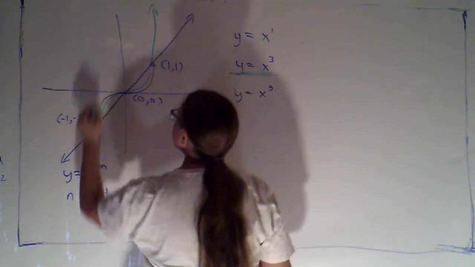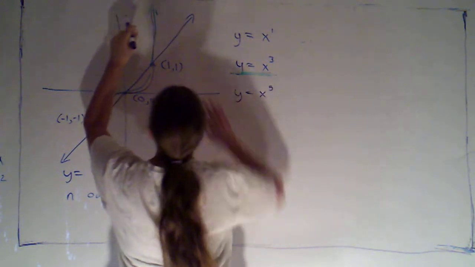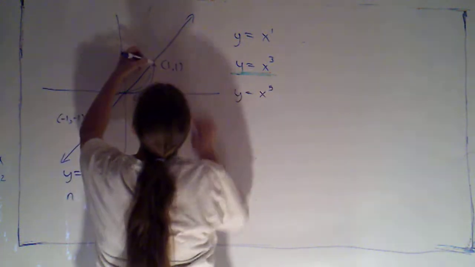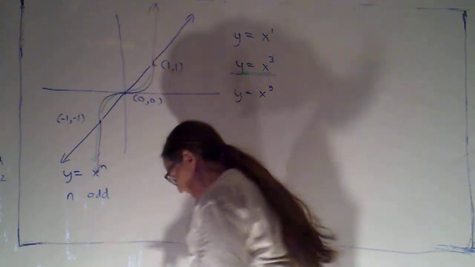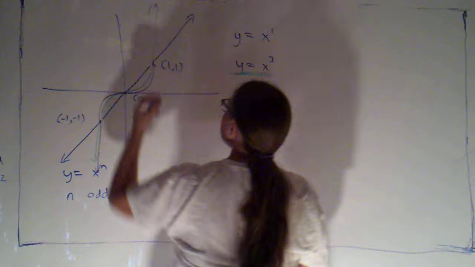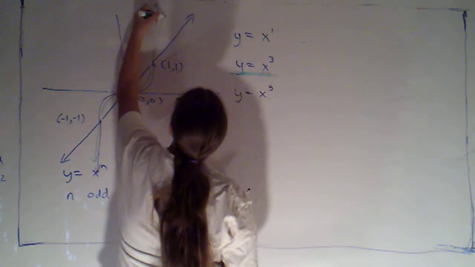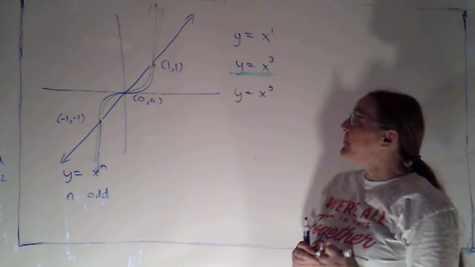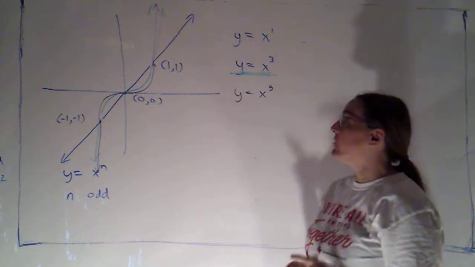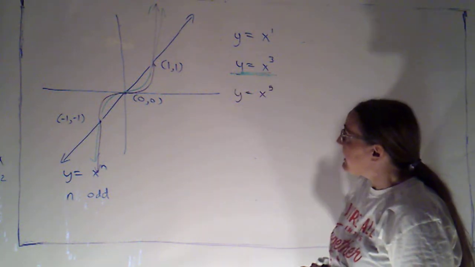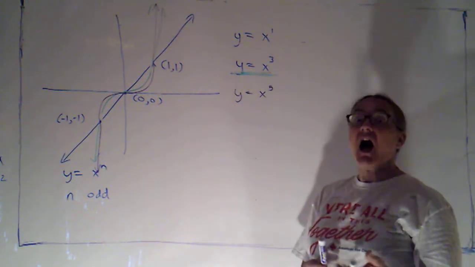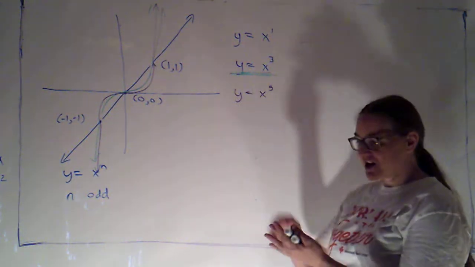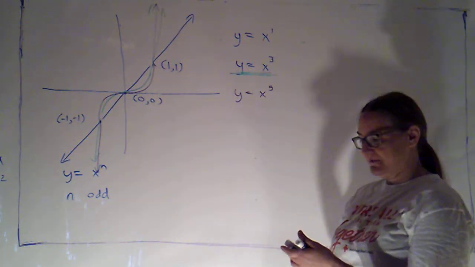To the left of negative 1, and to the right of 1, it's going to be steeper so that the bigger power gives me the bigger result. Okay, and pretty much all odd powers of x are going to look something like this.